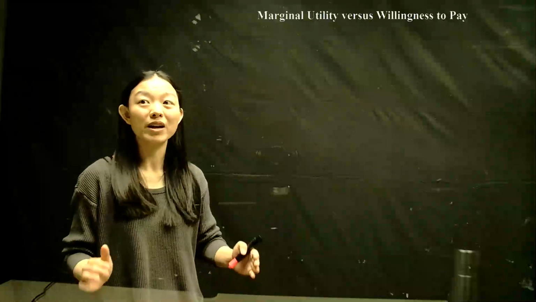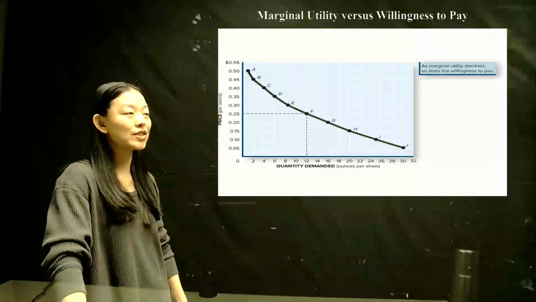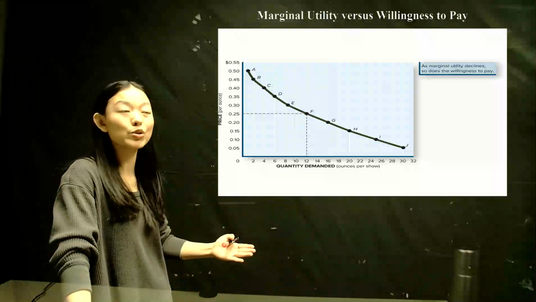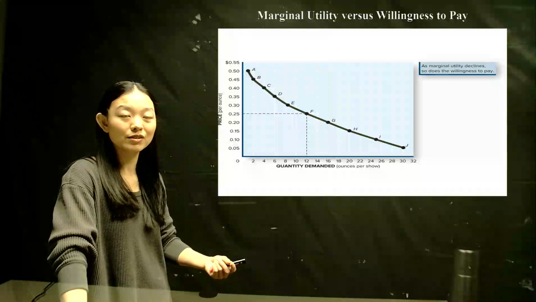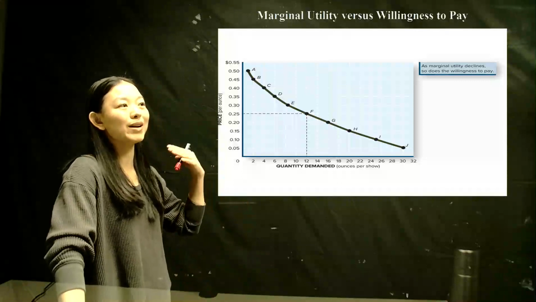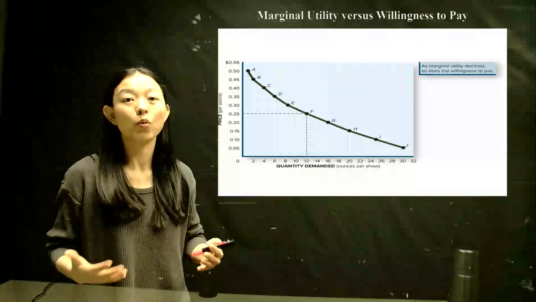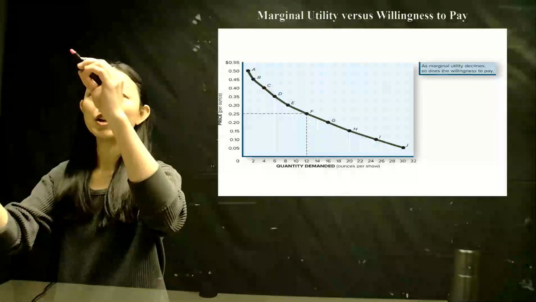And this is why our demand curve is downward sloping. As you have more of those products, the willingness to pay for them decreases, right? So this is another perspective to explain why the demand curve is downward sloping.